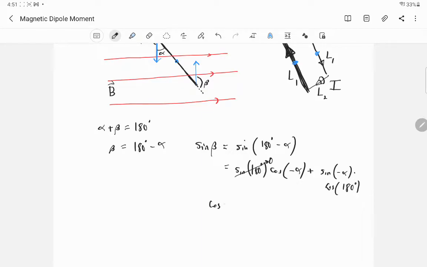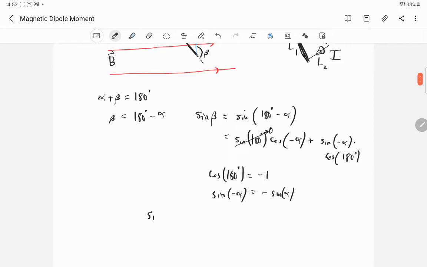The cosine of 180 degrees is equal to -1, and the sine of negative alpha, since the sine function is odd in its argument, is the negative of the sine of alpha. So if you put these things in, you get that the sine of beta is equal to the sine of alpha.